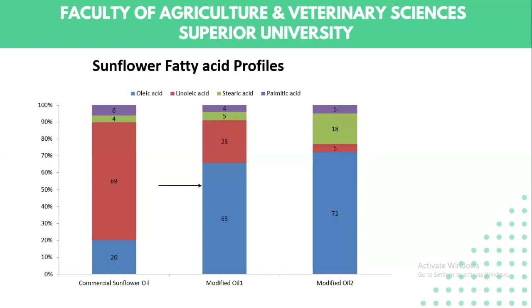Some people are also saying that we need to breed oilseed crops which may contain very high stearic acid. Stearic acid has very high resistance to heat during cooking, and it is present in a small quantity in sunflower oil, but we can improve its quantity through breeding or modifications.